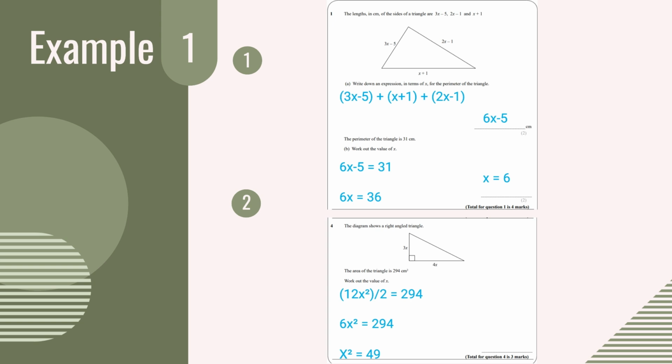We can simplify that down to 6x squared equals 294, and then both numbers are divisible by 6, so we can write x squared equals 49. And as many of you may know, square root both sides to get x equals 7.